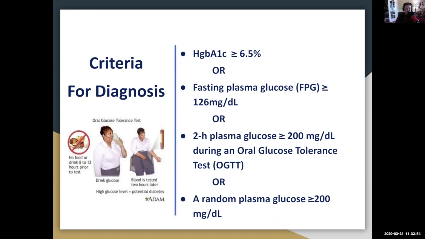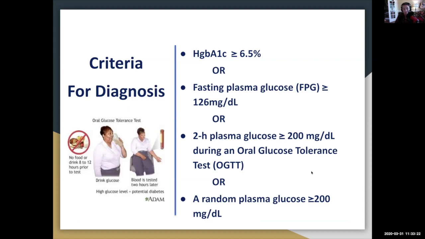Sometimes, and this is most common in the case of pregnant women, we feed them a drink called glucola, which is real sugary, disgusting, syrupy kind of thing to drink. And then we test the blood 2 hours later. And if that's higher than 200, that counts as diabetes. Or if we're checking you at random anytime and your blood sugar is higher than 200, that counts as diabetes.